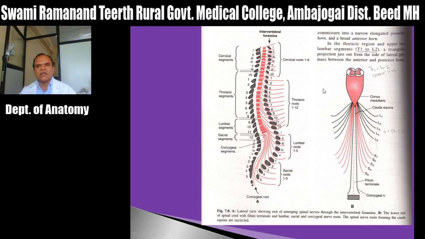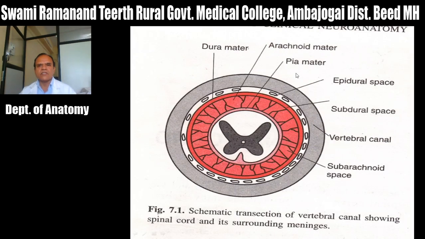And then we have seen particularly the spinal nerve and spinal segment, and the relation of the spinal segment with the vertebra. So this is altogether the spinal cord.